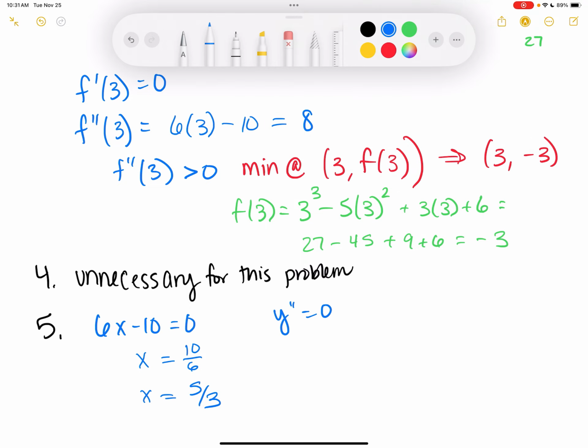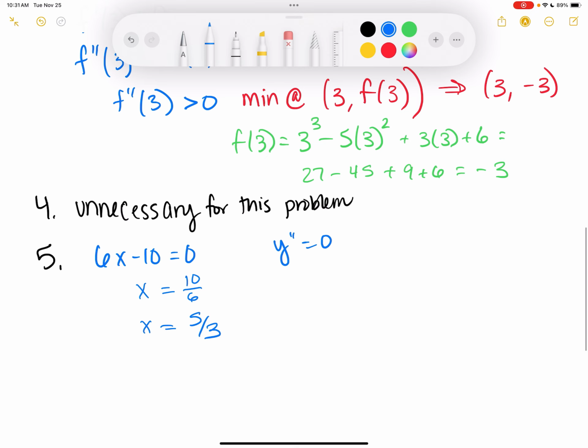So I'm going to look at what happens as x goes from 0 to 2, because I'm looking for points as x goes from smaller to bigger. Is it changing from positive to negative? It's kind of like if you remember doing those sign charts last year briefly in pre-cal. It's kind of like that, but I'm not actually doing the sign chart. I'm just seeing what happens as I go through this point.